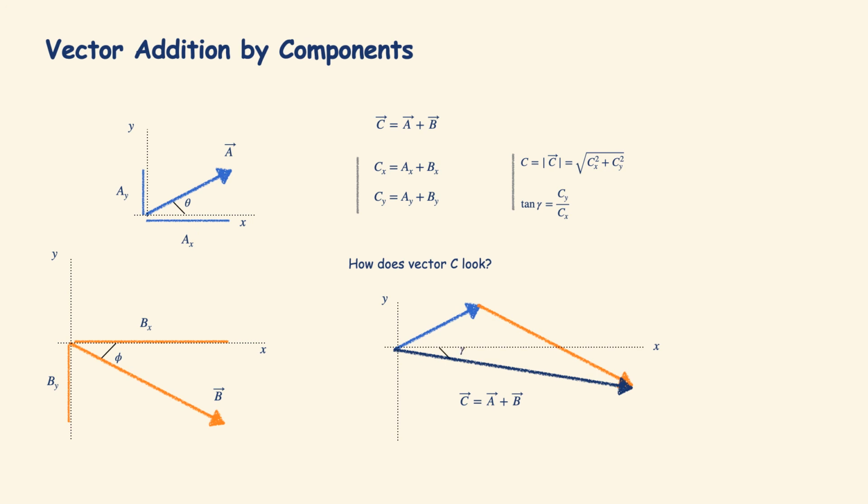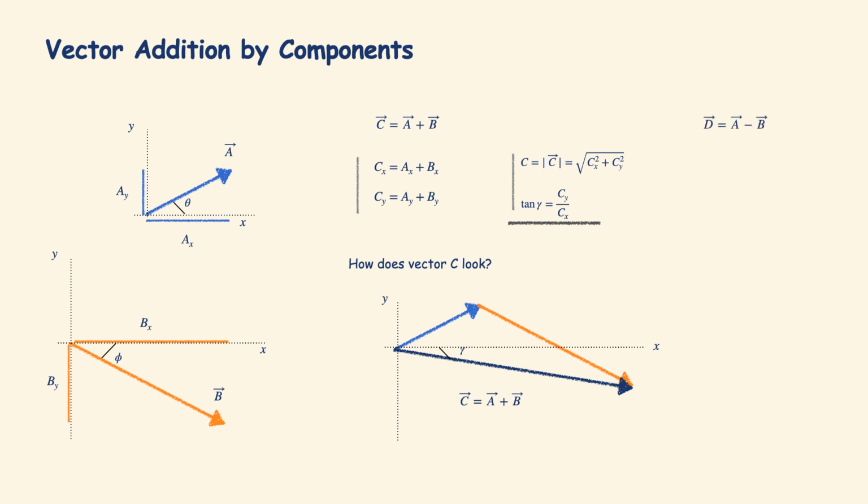What this means is that this is going to be the angle gamma, for which I know the tangent of gamma is going to be equal to Cy over Cx. And of course, I will have the components Cx and Cy marked on that coordinate system according to my calculations.